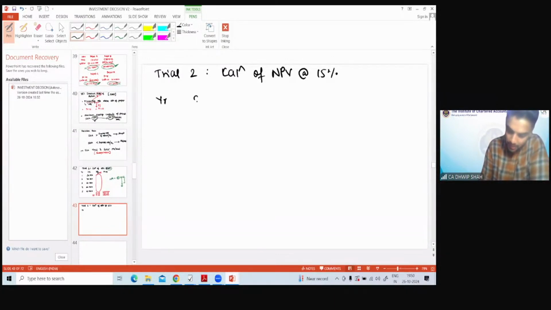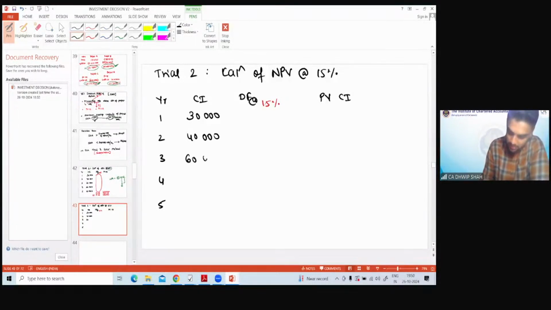Here, the cash inflows, discounting factor now at 15%, and PVCI for years 1, 2, 3, 4 and 5. Present values are 30,000, 40,000, 60,000, 30,000 and 20,000.